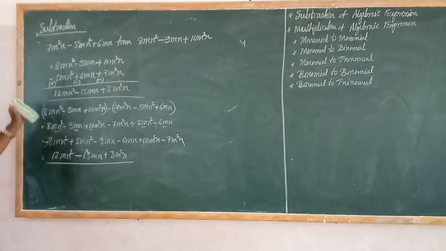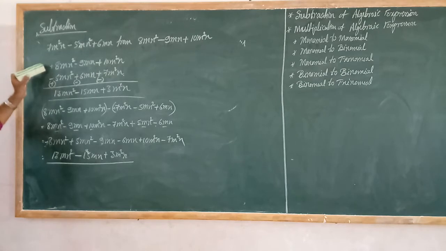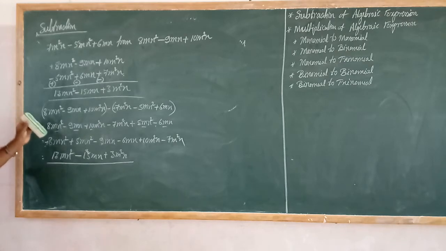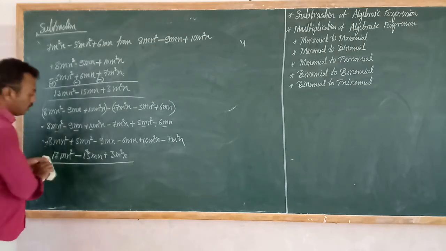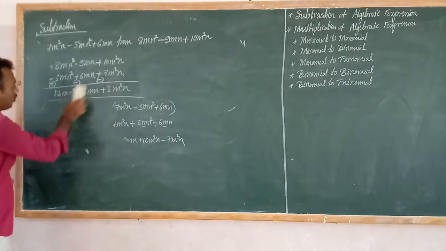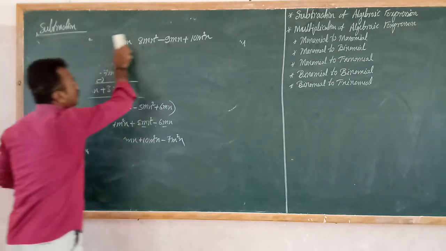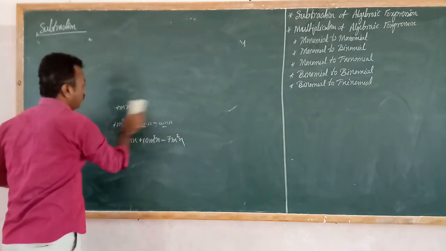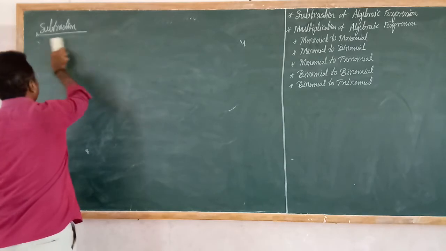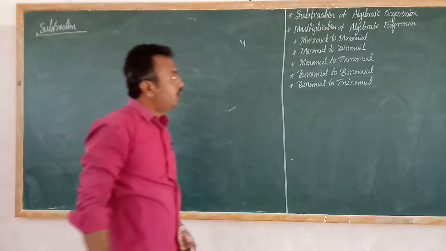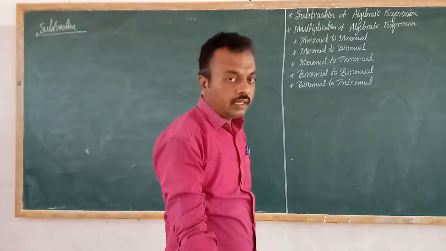So this is the solution in the column method, and this is the horizontal method. Understood? So like this, you have to subtract the algebraic expressions. Okay, students? Now I will go to the multiplication of algebraic expressions.